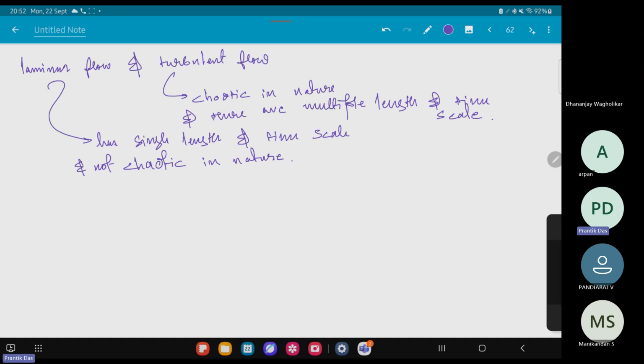For example, our atmosphere itself is chaotic in nature. But we also say that tomorrow there will be rainfall, or in the summer the average temperature is this one. If it is chaotic and unpredictable, why are we able to predict the weather?